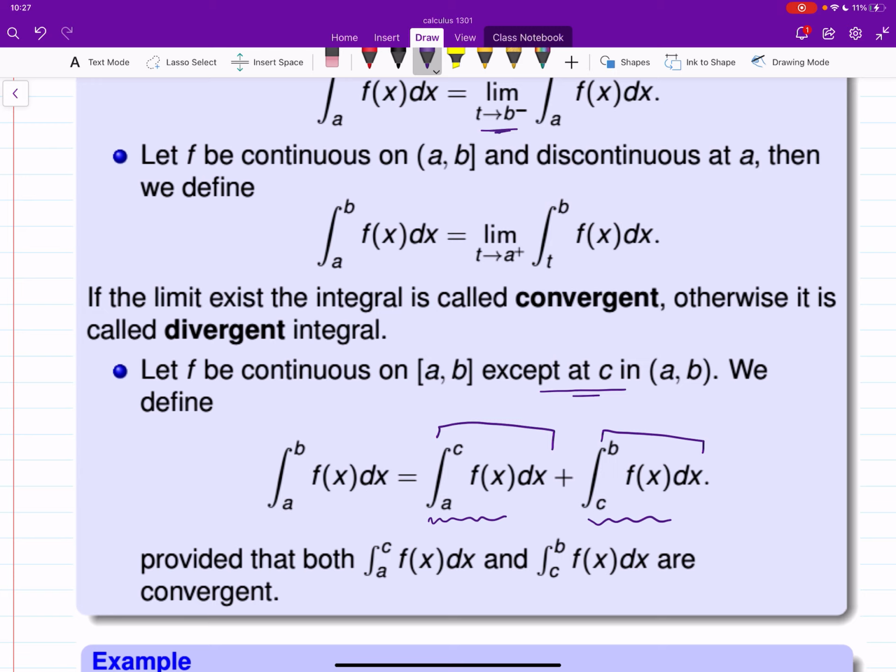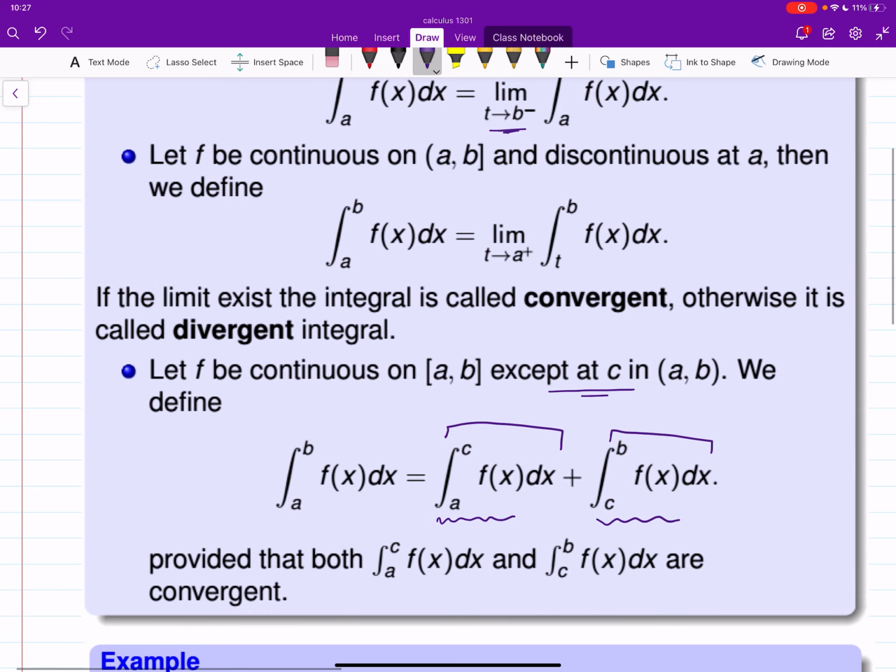We have to compute each one. If both of them are convergent, then we can add them, and that value is the value of the integral from a to b. If at least one of these is divergent, then the whole integral is divergent. We don't need to continue.